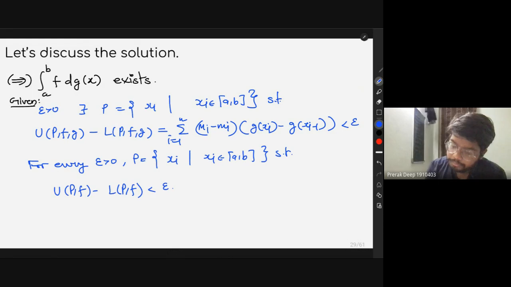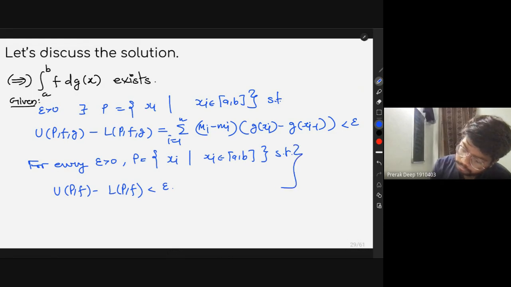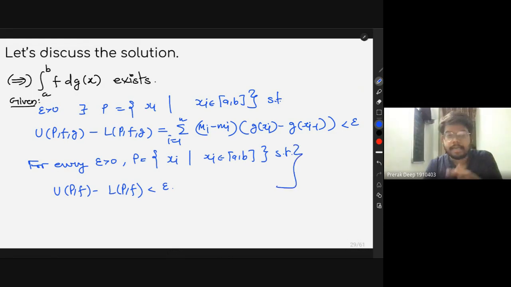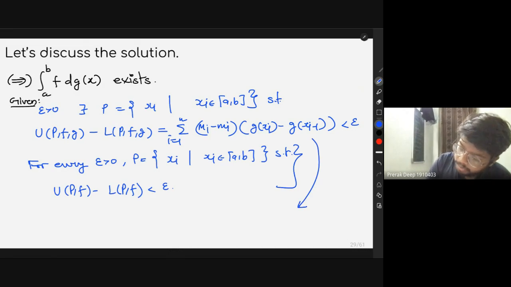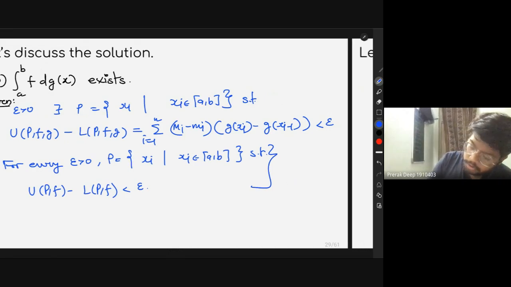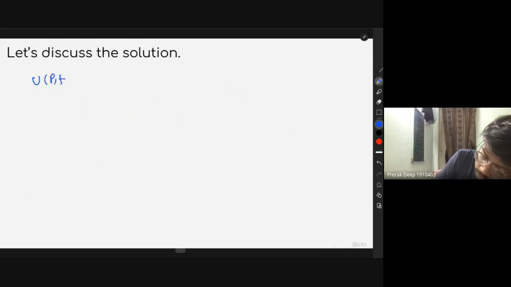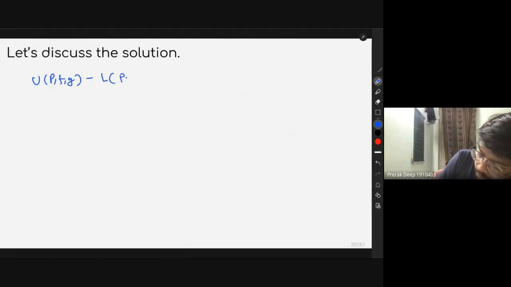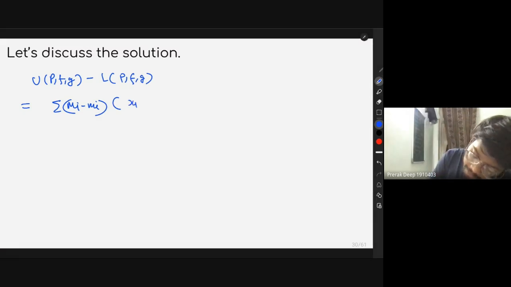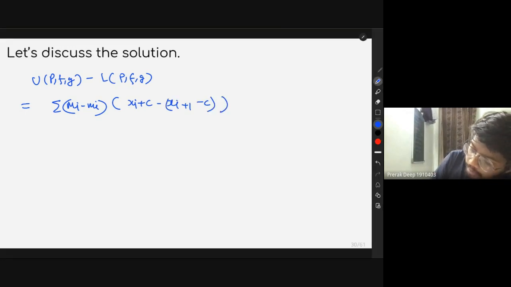So my claim is that the same partition will work, the partition we have in the case of the Stieltjes integral. So let me just use this given inequality. Now what is g(x_i)? g(x_i) is x_i plus c minus (x_{i-1} plus c).